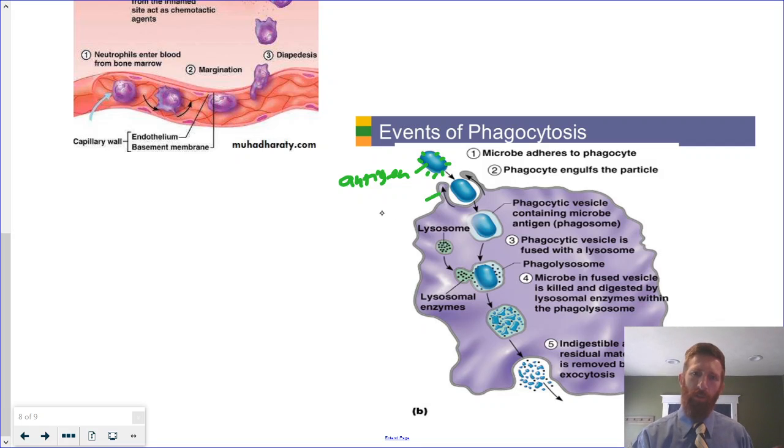So this is endocytosis. It engulfs this poor little bacteria. And then the lysosome, remember, lysosomes digest old and broken organelles. But they can also be used to kill bad guy cells if the lysosome is in a macrophage or phagocyte. So it kills the cells, and then we get rid of the cell debris. So this is exocytosis.